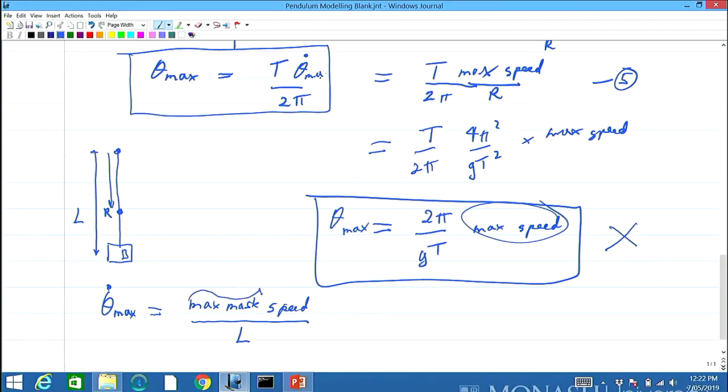I'll call this guy VL. So that's now VL on L, and therefore theta max without the dot, which is what we're interested in, is T times VL on L, all divided by 2 pi.